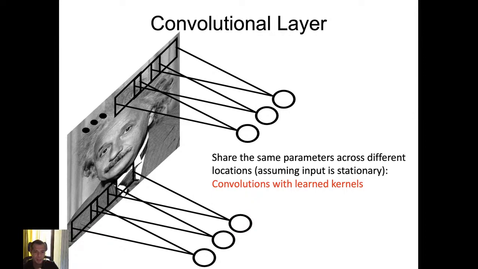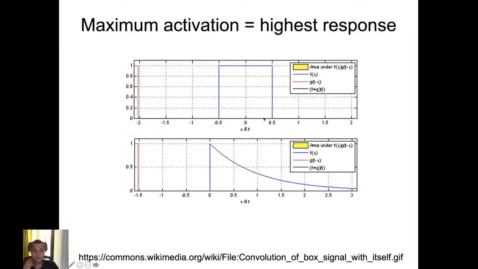In this way, the convolutions will learn some kernels or filters. Usually we call this unit a kernel or a convolutional filter. The main idea is that the filter that we learn has the maximum activation where the image correlates well with the filter.